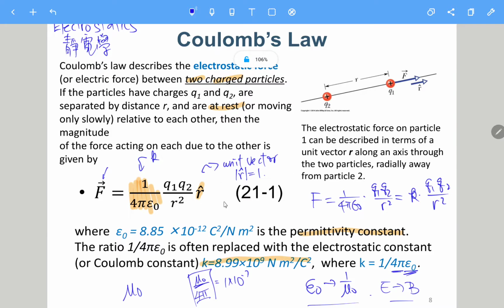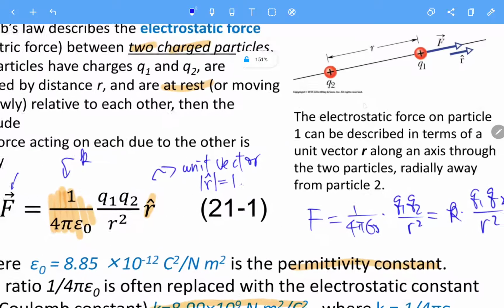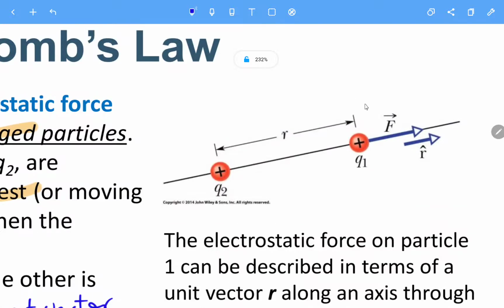Okay, so how to define this unit vector? For this case, if we have q2 and q1, we try to find the force acting on q1 due to q2. So this is the origin point, because it generates some force acting on this q1 charge.